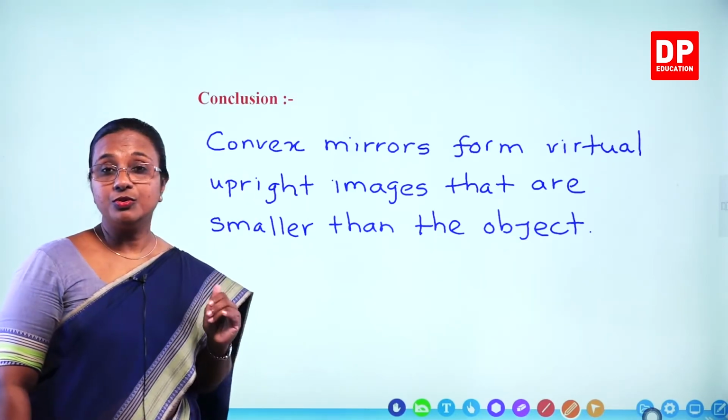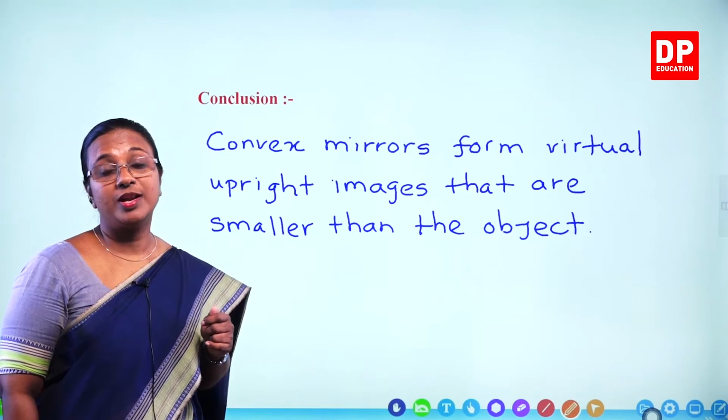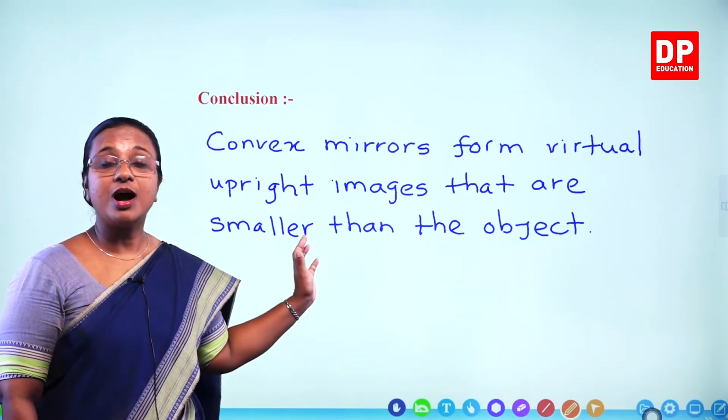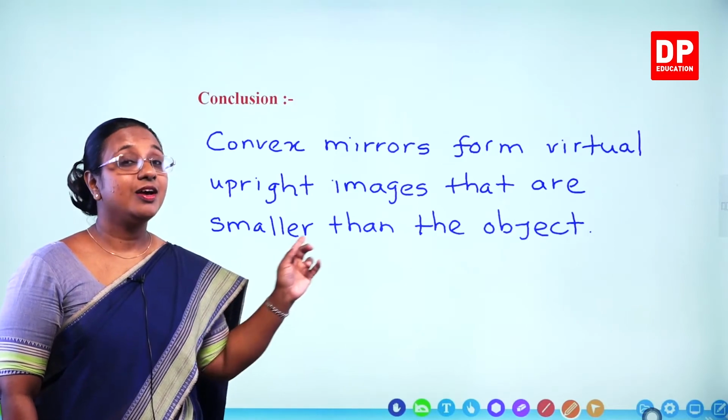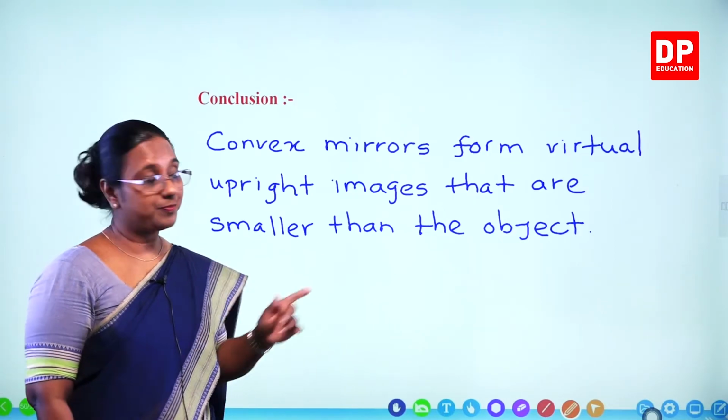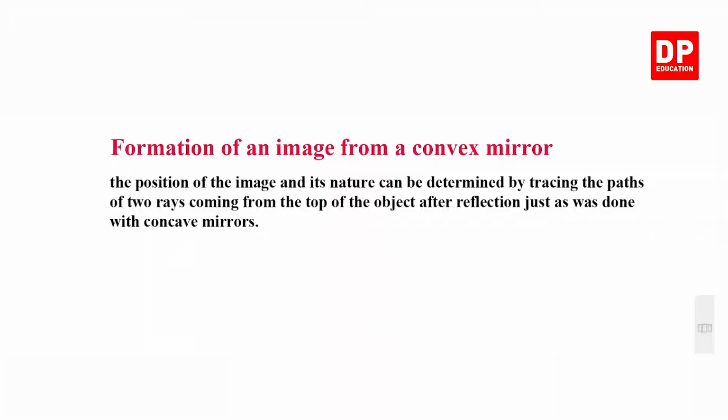Now that you know how the image is formed, and also you all know how the rays are reflected by convex mirrors, we can draw the ray diagram. So now we will draw the ray diagram for the formation of an image from a convex mirror.